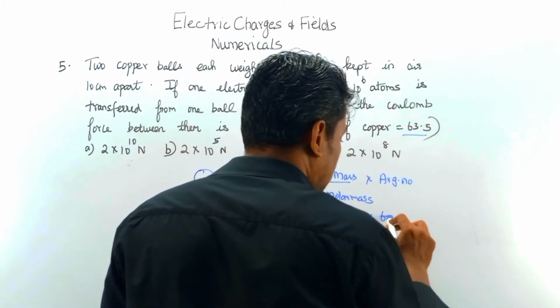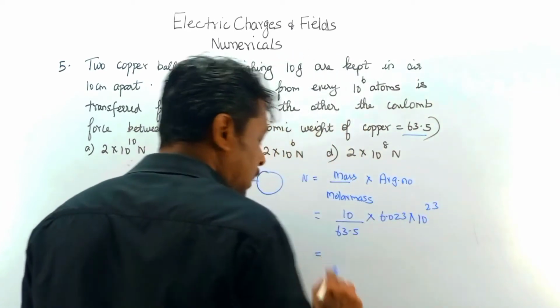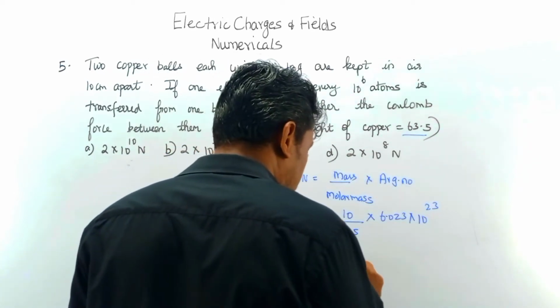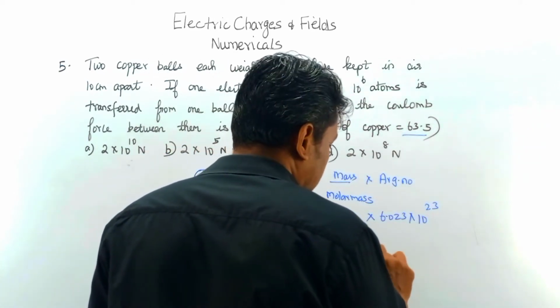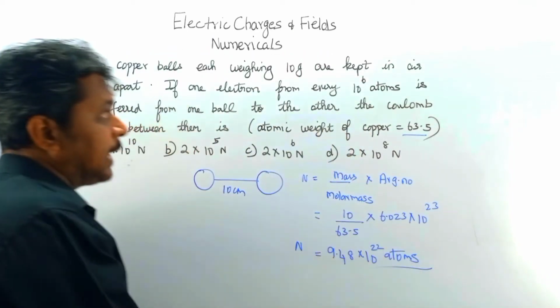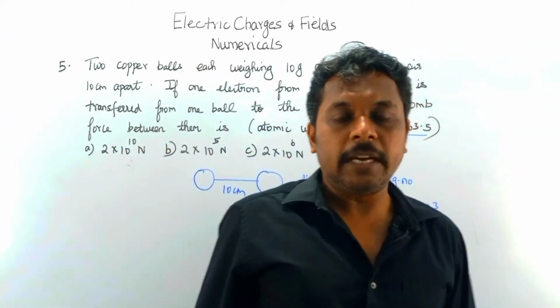And Avogadro number, you know, is 6.23 into 10 power 23. When you do this calculation, you will get the number of atoms in 10 gram of copper.